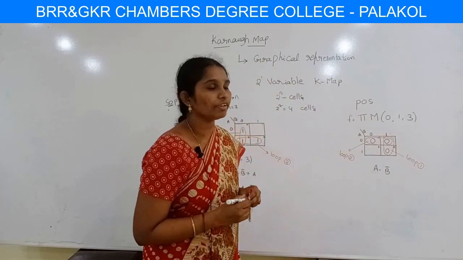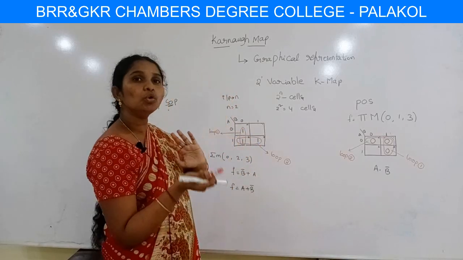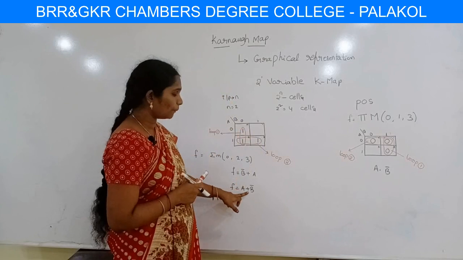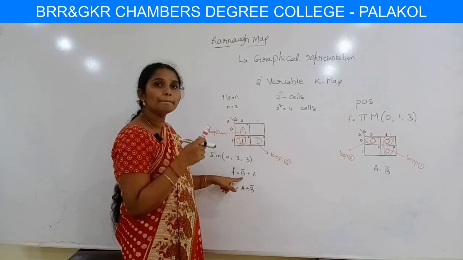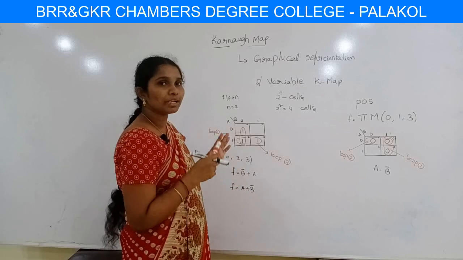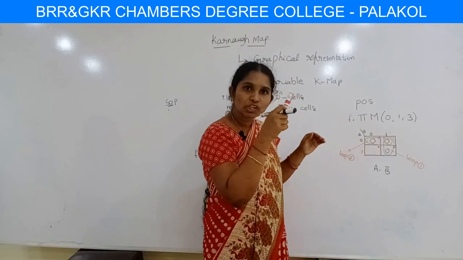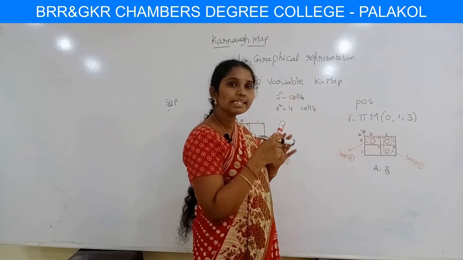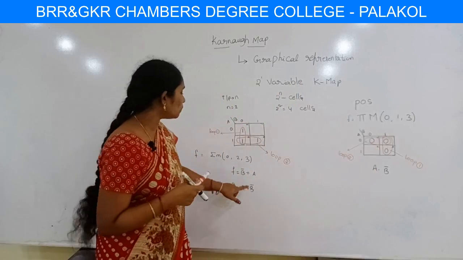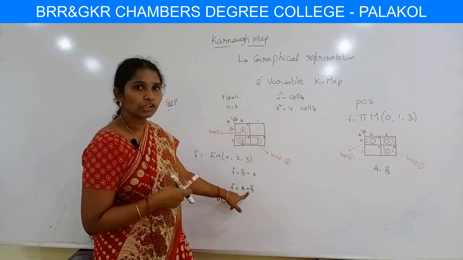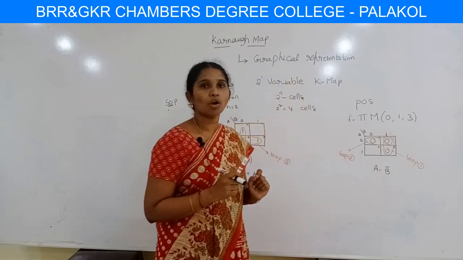So there is a difference between SOP and POS. In SOP, between two loops we use the plus symbol, 0 is mentioned with a bar, and 1 with a normal letter. But in POS the 1 is mentioned with a bar and 0 with a normal letter, and in between the two loops we use a product operator.